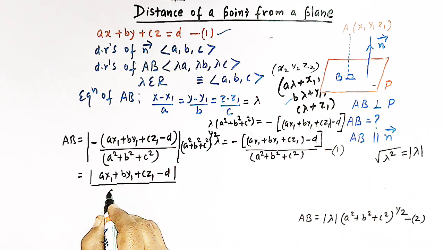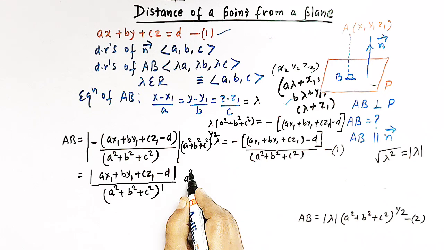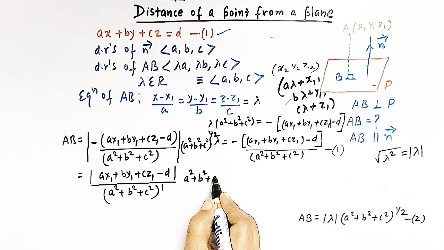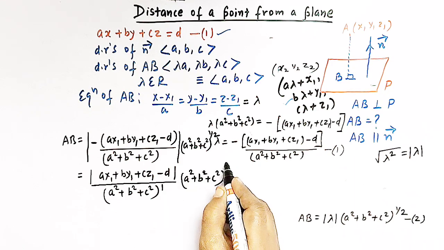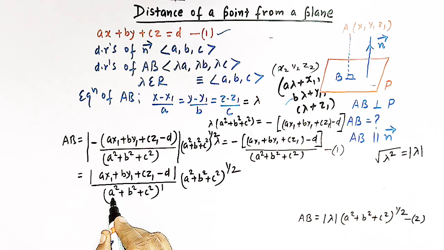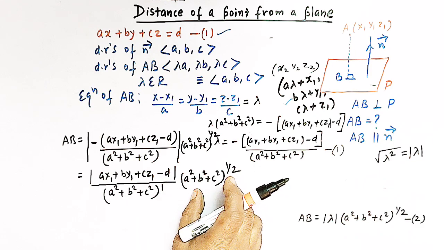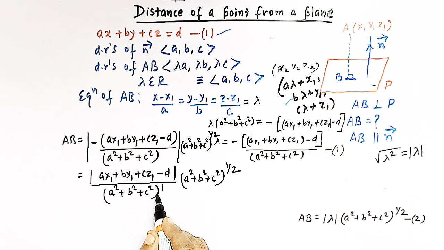So we have simply a square plus b square plus c square raised to 1, and here we have a square plus b square plus c square raised to half, right? And here we can see that a square plus b square plus c square, and here also we have a square plus b square plus c square. So let us take this term to the denominator.